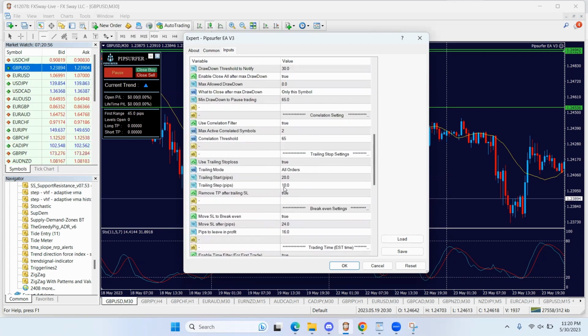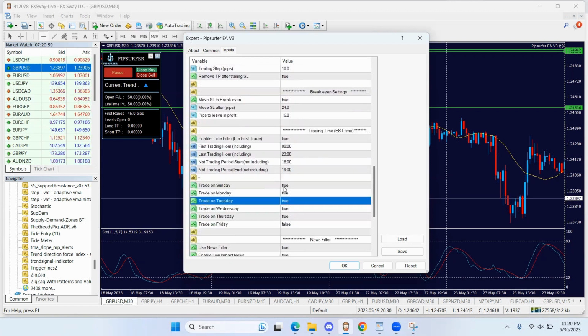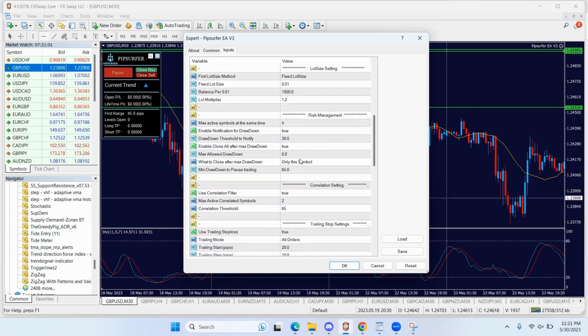The main thing you want to understand is the risk management settings, understanding that you can protect your account as much as you want, especially with the max allowed drawdown. A lot of times, a good practice is to sit down and think about what's your upper limit on a trade that you're willing to lose. And if you lose that amount, you don't want to go further into loss.